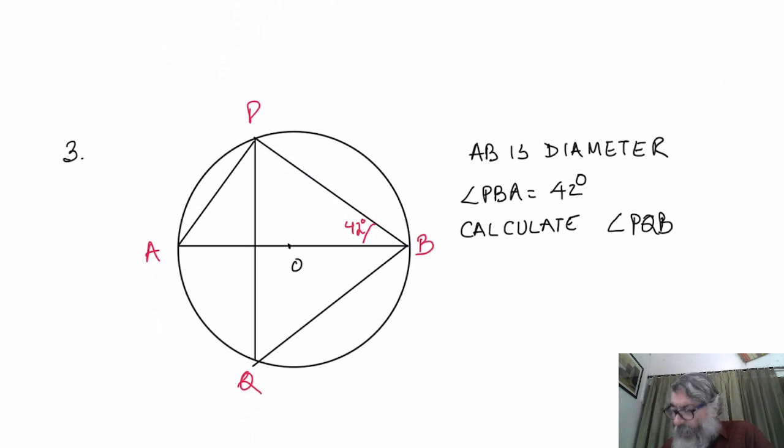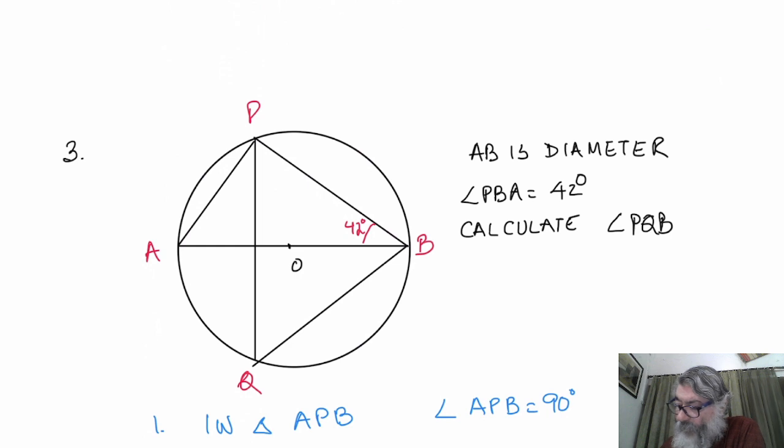Okay, we want to find the value of PQB. We'll use the property: in triangle APB, angle APB will be 90 degrees.